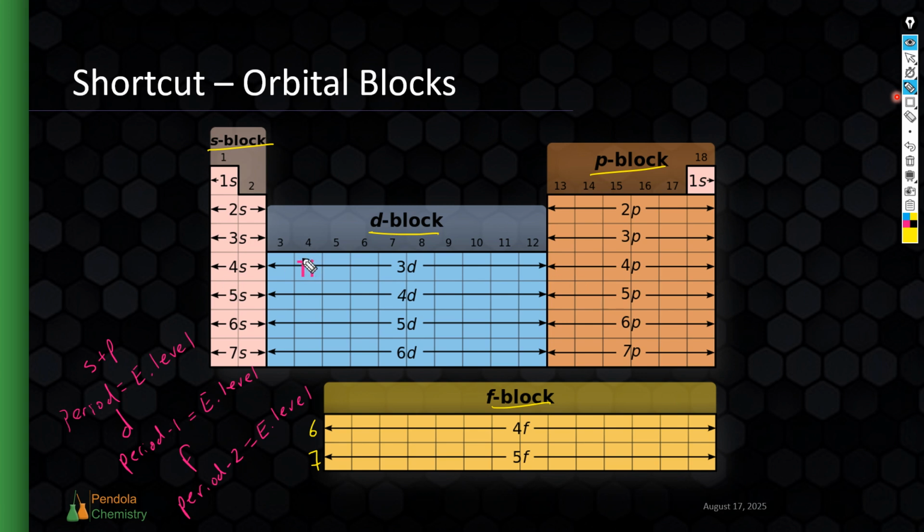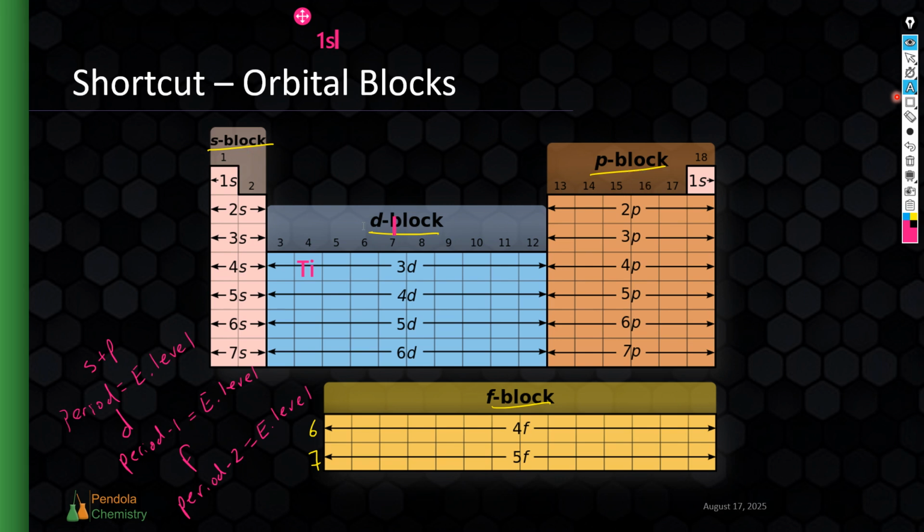So if we want to do titanium, all we have to do is go through these. If we go from the beginning, we go through 1s. Again, this is the S block and first period. So it's 1s. We'll do that later when we're looking at electron configuration.